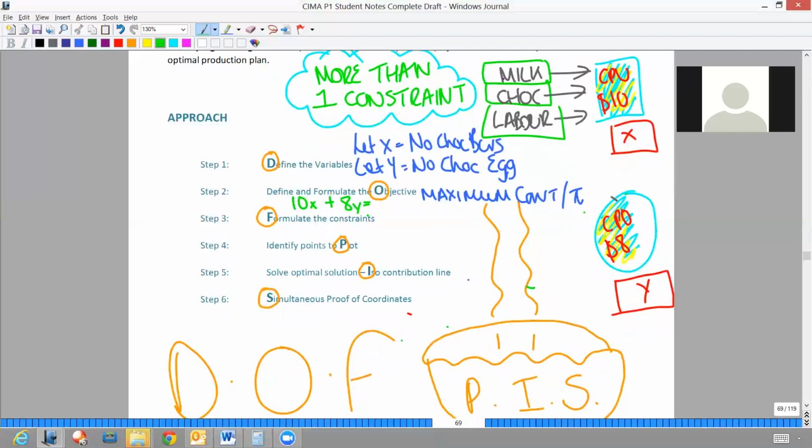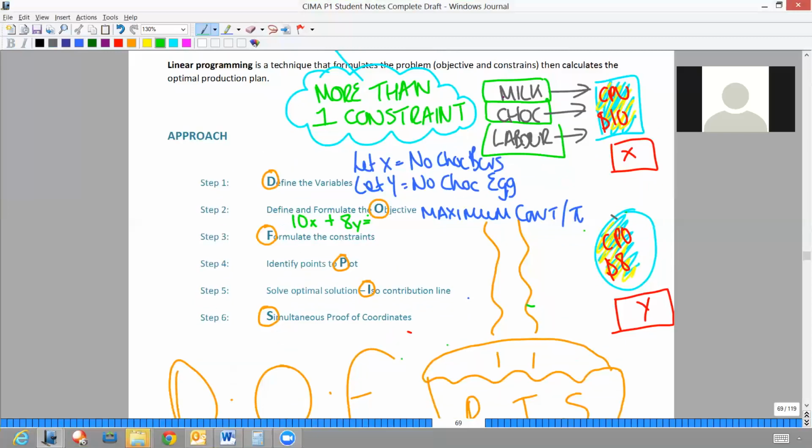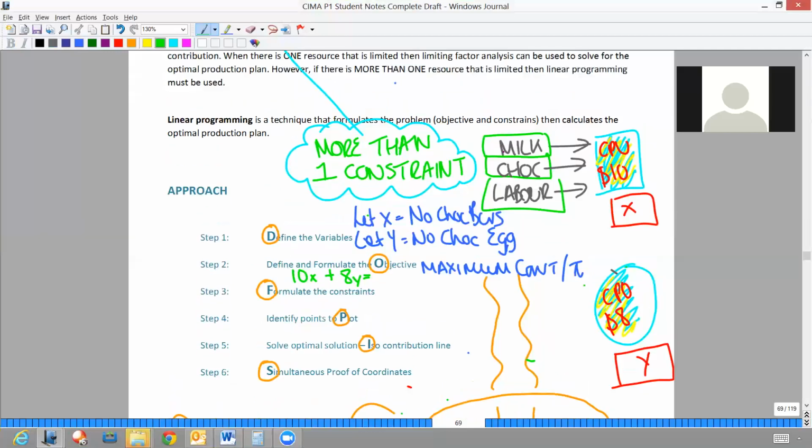So that's step 2. Step 3 then is to formulate the constraints. So this is about saying, well, what is it that's stopping us from achieving maximum demand levels or maximum production levels? And what it will tell you, like we did in limiting factor analysis, it will give you information about how much resource each of your units take.